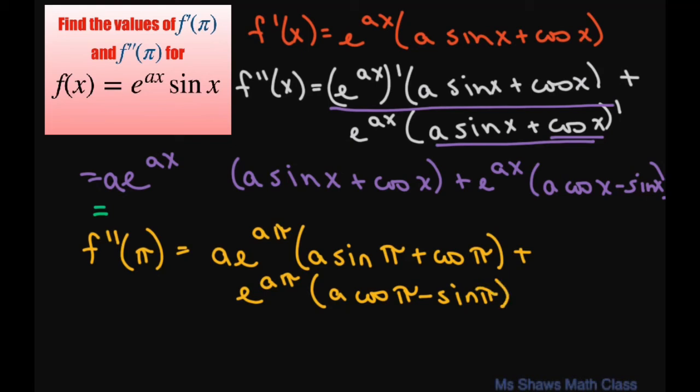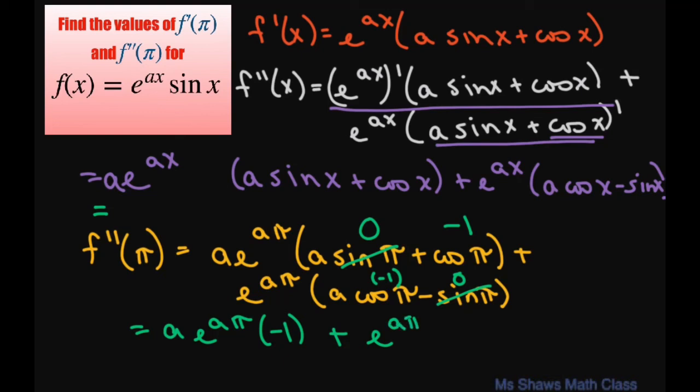All right, let's see what this is. Sine of pi is 0. This is negative 1. So we have a times e to the power of a pi times negative 1. Plus, this is going to be negative 1, and this is 0. So this is going to be e to the power of a pi times negative a.